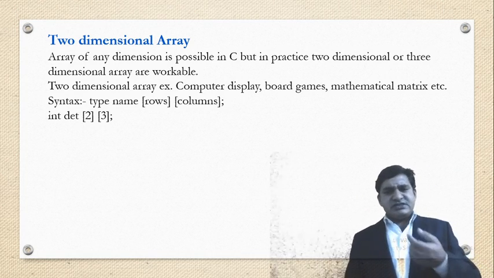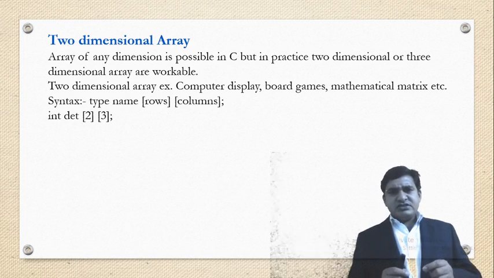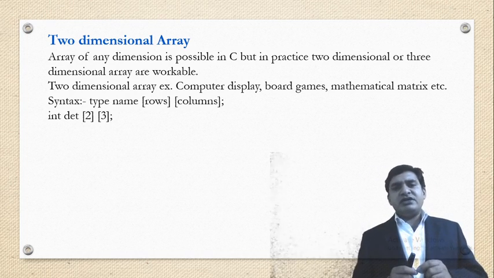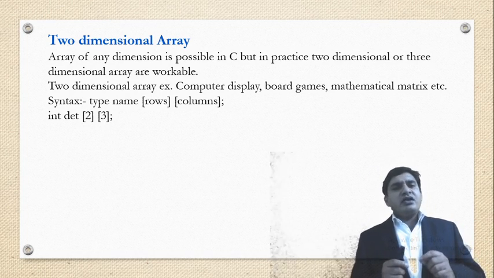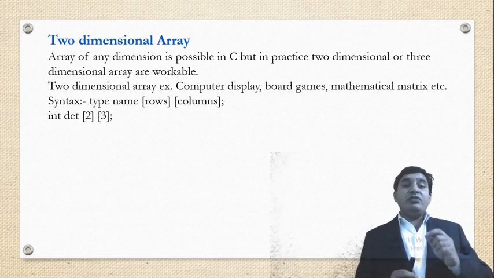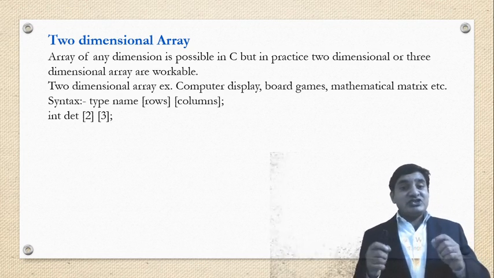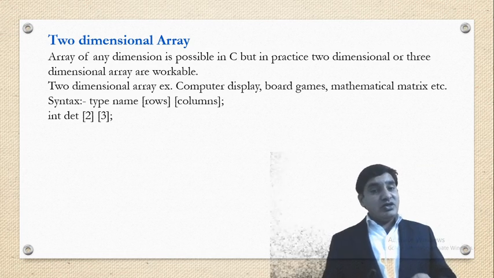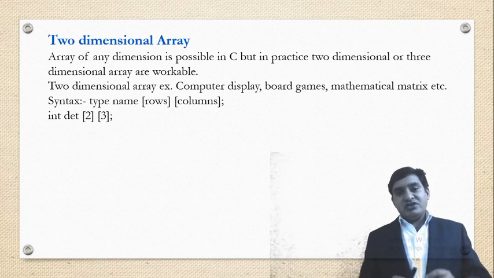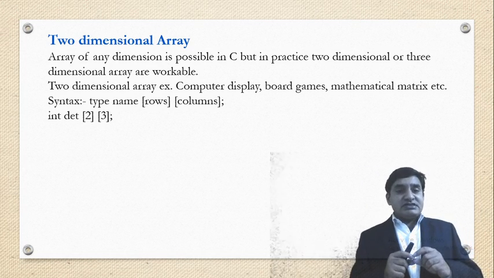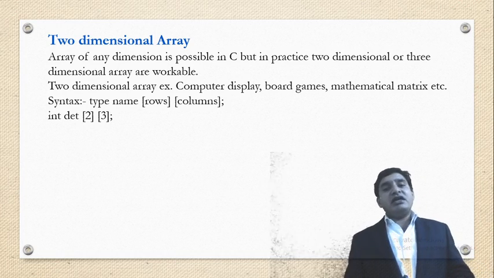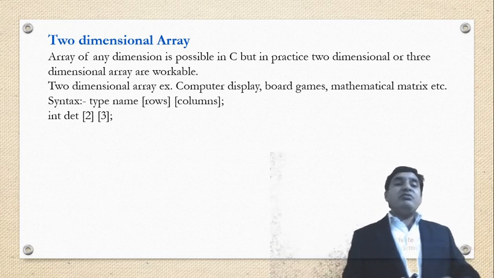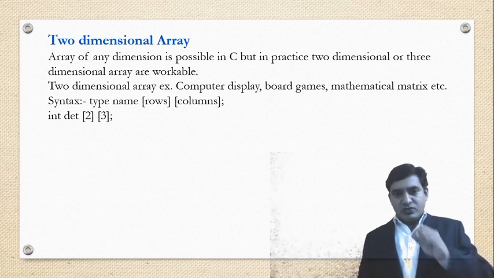Then the first square bracket includes the number of rows. The second square bracket includes the number of columns, and this two-dimensional array is terminated with a semicolon.